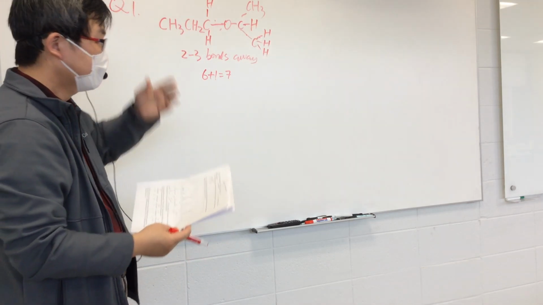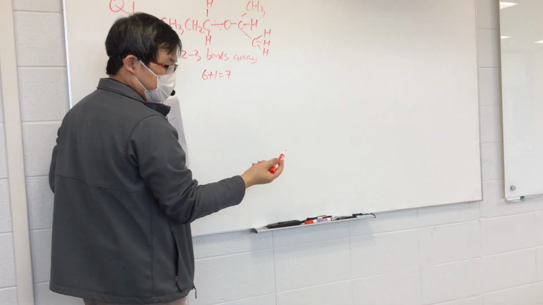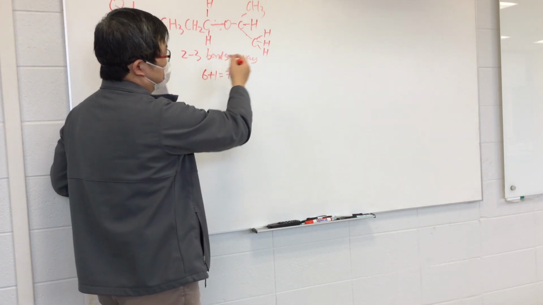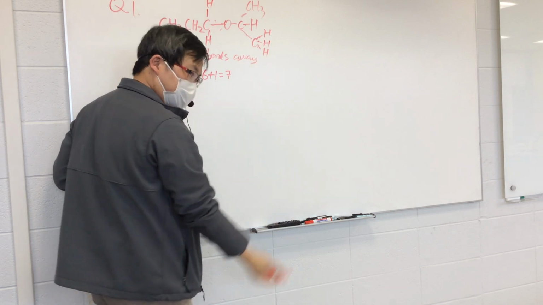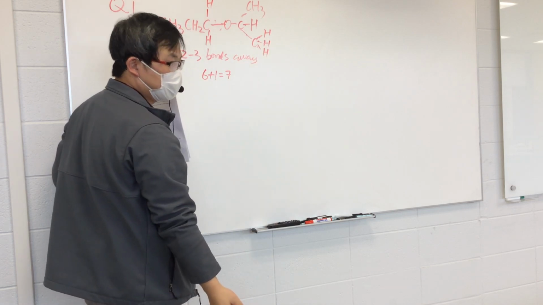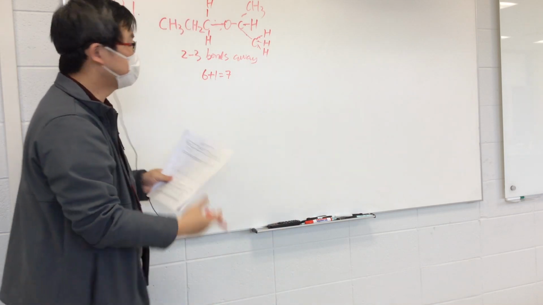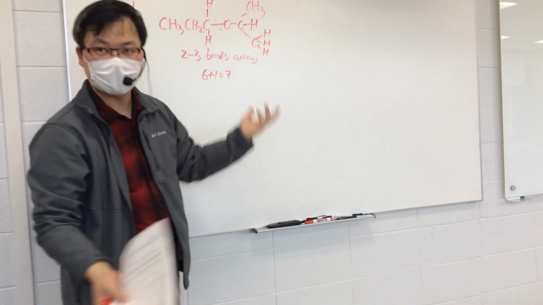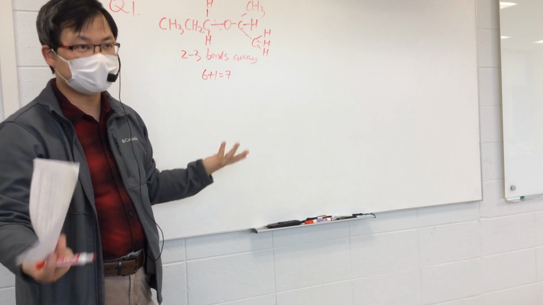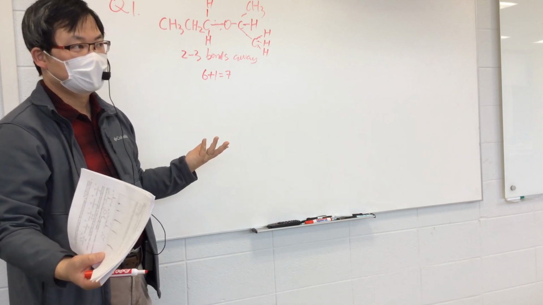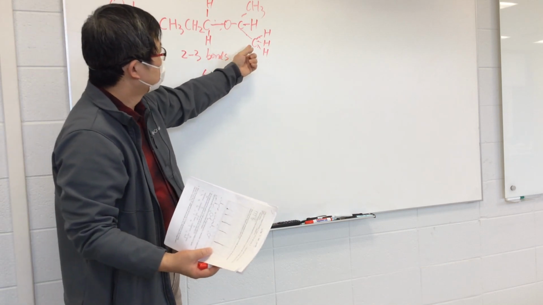Only 2 closed labels. And as we discussed, for this hydrogen, these 3 hydrogens are equivalent. Therefore, they are not closed labels, even though they are 2 bonds away, because they're equivalent. They cannot be considered closed labels.